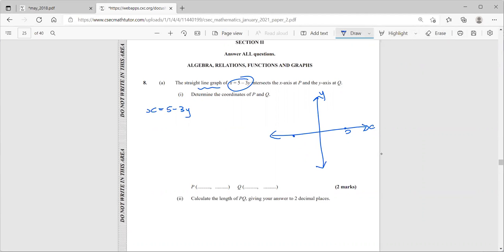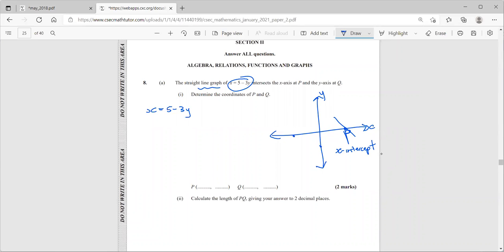What is the name for when a line is cutting the x-axis, the point here? What would P be called? The x-intercept. Correct. So when a line cuts the x-axis, that point P is called the x-intercept.